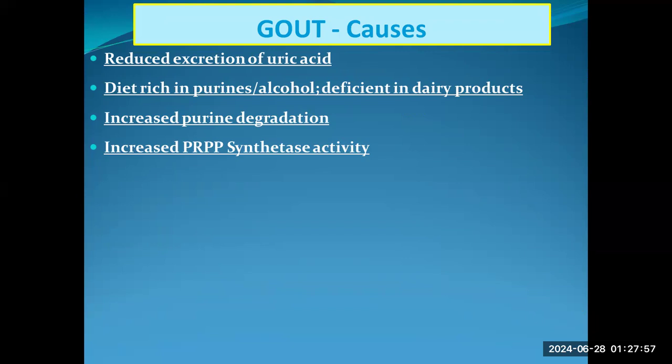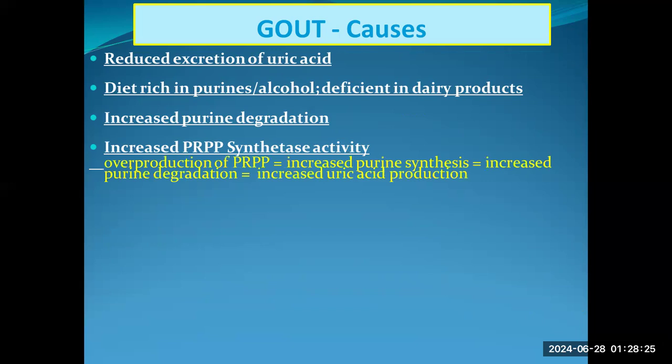The third point is increased purine degradation. And another one is increased phosphoribosyl pyrophosphate synthetase activity. If this activity is increased, then a greater amount of purines is synthesized, and obviously they are converted into uric acid and result in gout.